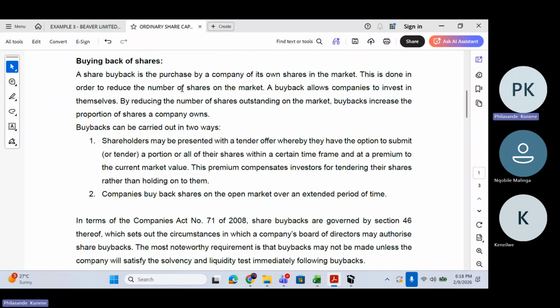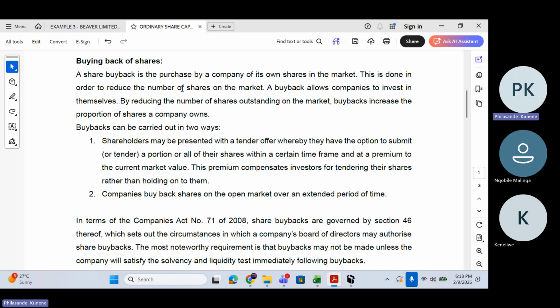But there is also a situation where all the shares that we issued to the public, we can buy them back as the company. Because the reason why we issue shares is because we need money to operate as a company. But once we have generated enough cash to sustain the company, then we can buy back our shares that we have issued to the public.